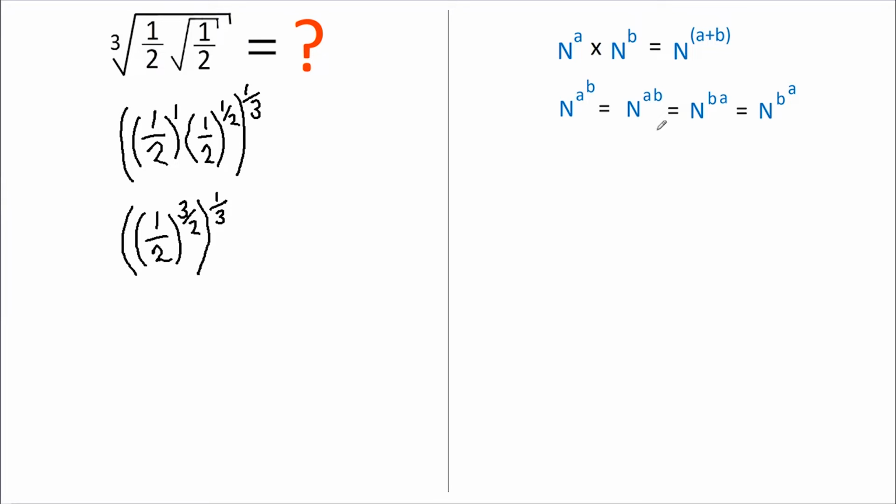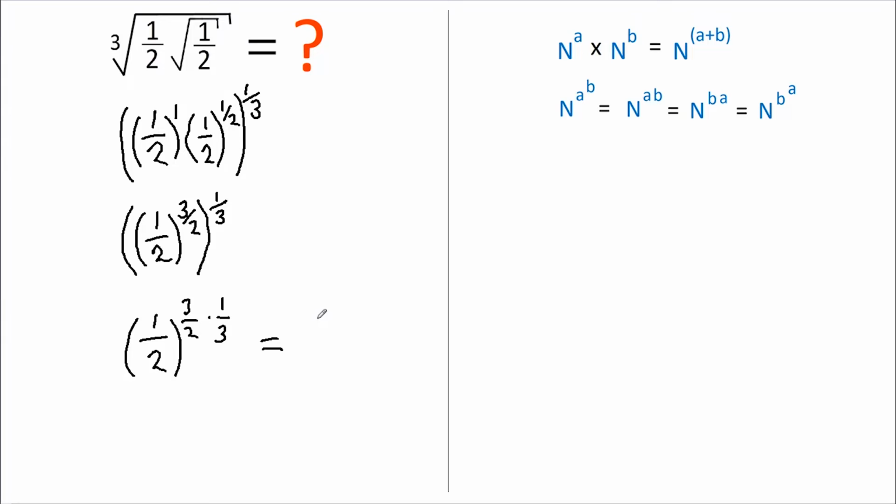Now this formula here tells us that if we have a number raised to a power and all of that is raised to another power, then we can rewrite that as that number raised to the first power multiplied by the second power. So let's do that. We have a half raised to the power of 3/2 now multiplied by 1/3.